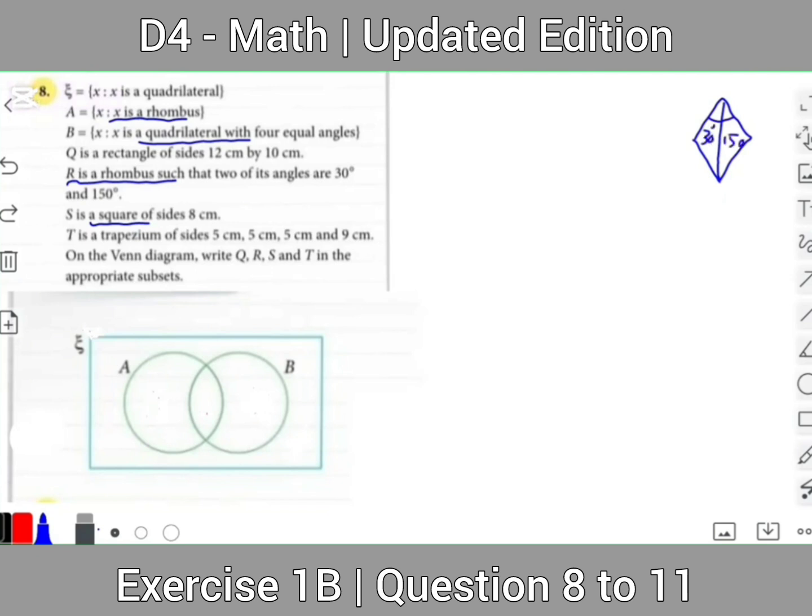So one angle is 150 degrees and one angle is 30 degrees. So from this, R is a proper subset of A. Similarly, S is a square and B is a quadrilateral with four equal angles, so it will also represent a square. So S is a proper subset of B.